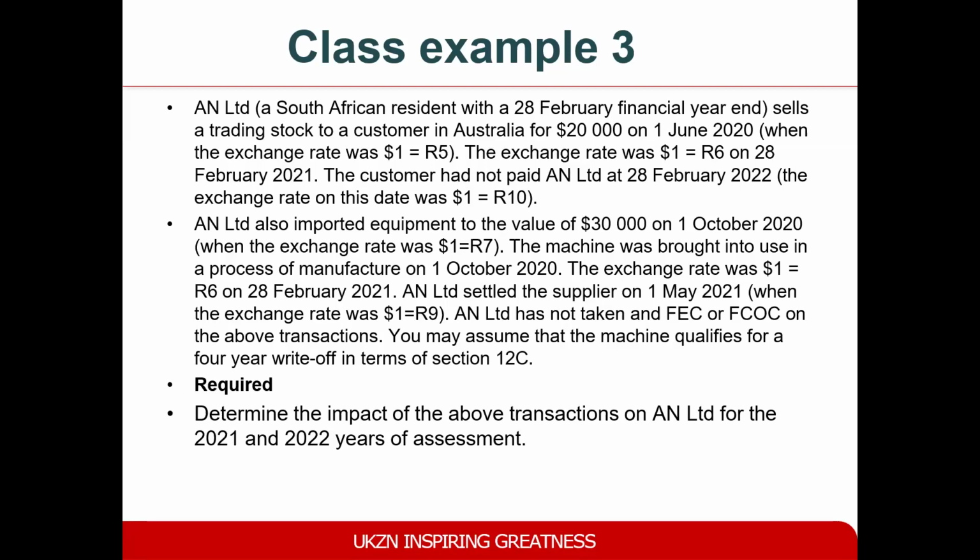Then we settle these guys on 1st May. The exchange rate now was 9 rands. Oh wow, it's very big now. So 9 rands minus 6 rands. We're paying a whole 3 rands difference, which is 3 times 30,000, a whole 90,000, which is a loss.